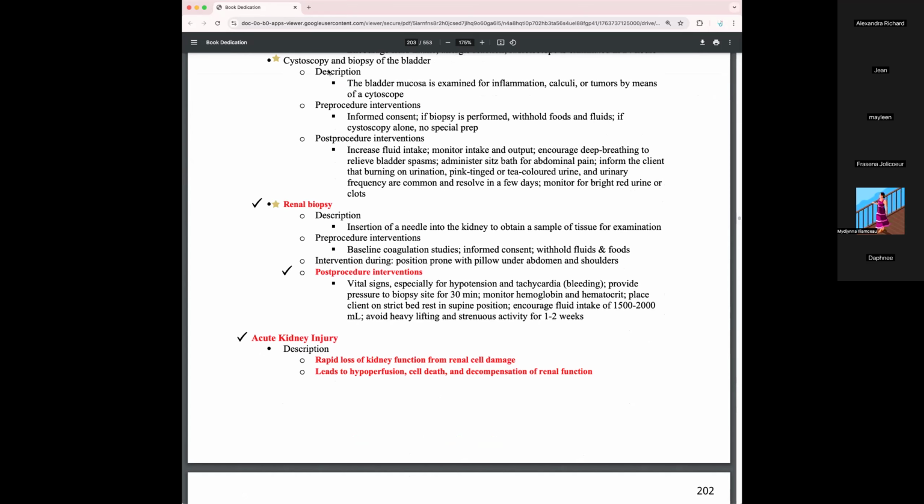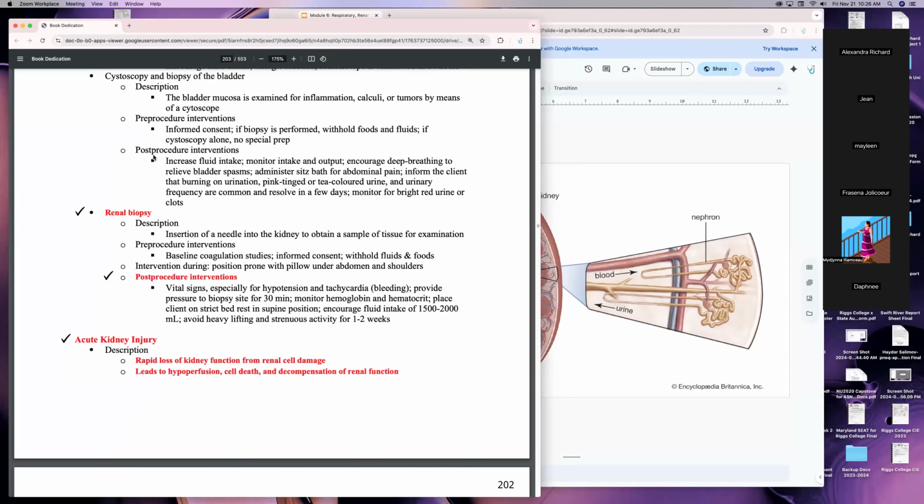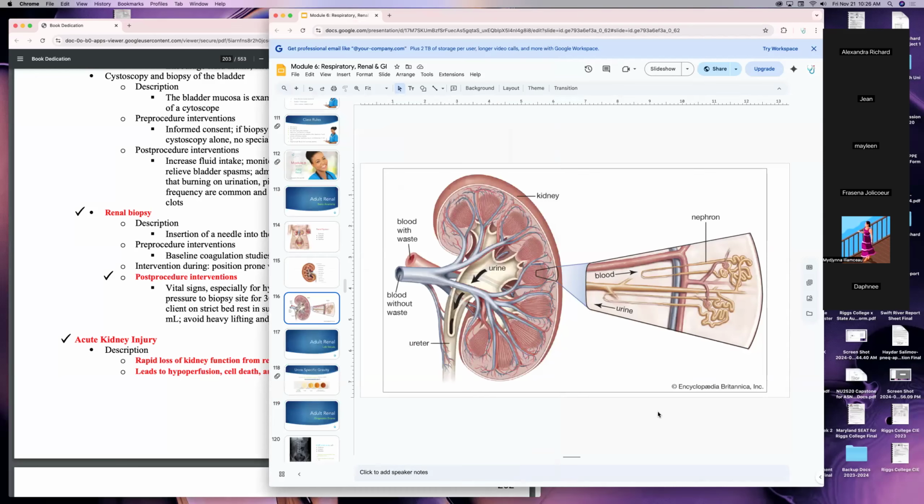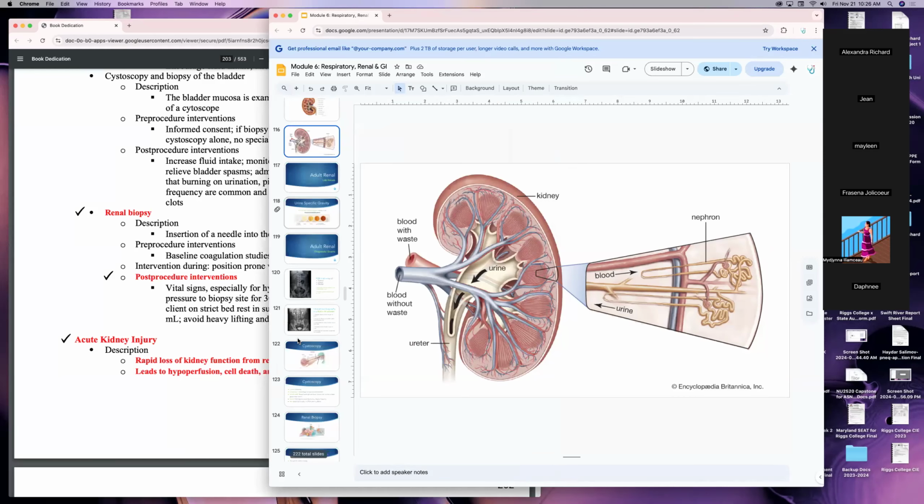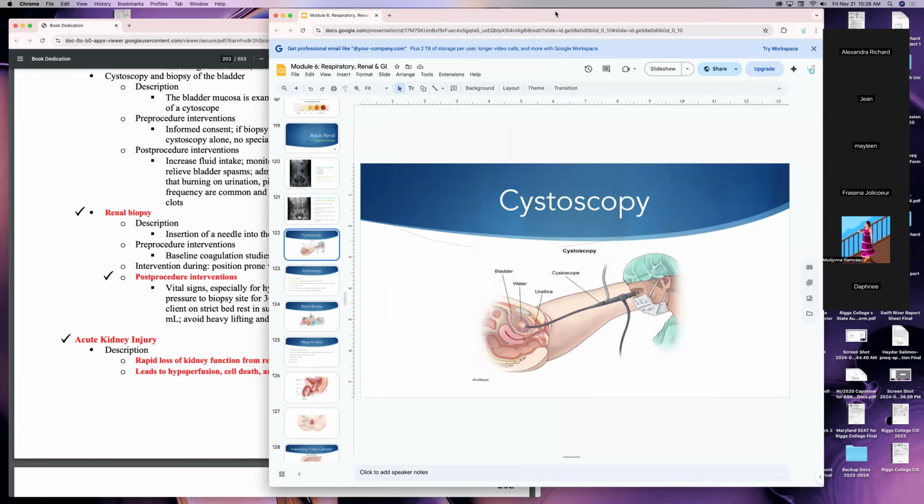something. So let's look at a picture to help us tie it together. This is a picture of a cystoscopy. A cystoscopy is when the healthcare provider is using a cystoscope to view inside the bladder, and if they need to or make the clinical judgment to do so, they can obtain a bladder biopsy.